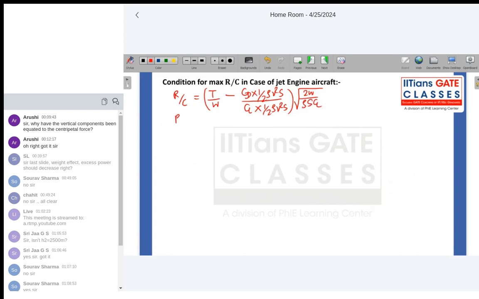So it will become rate of climb is equal to thrust by weight minus CD by CL. This CL, I'll take it on the top.